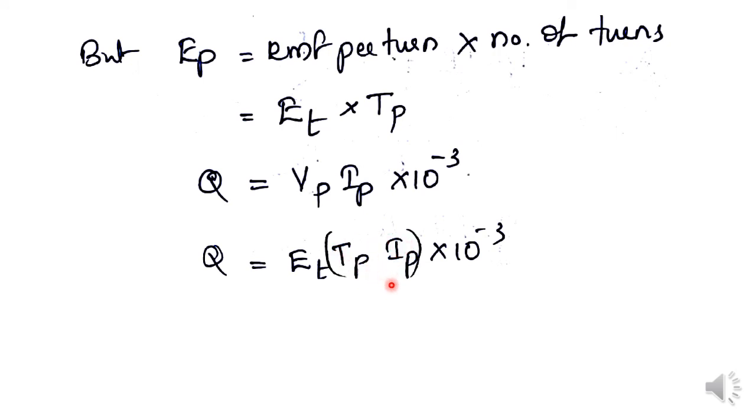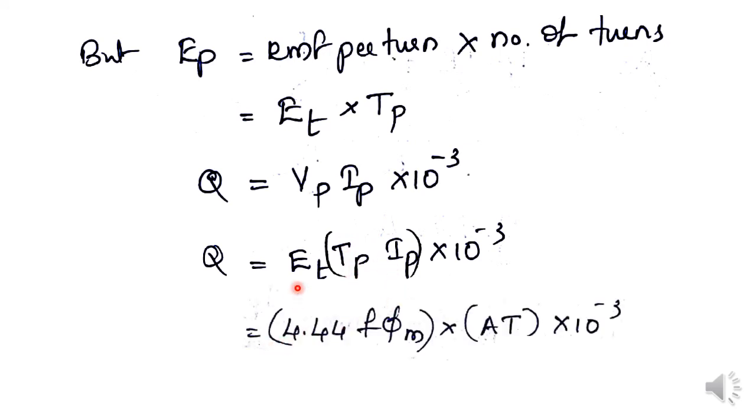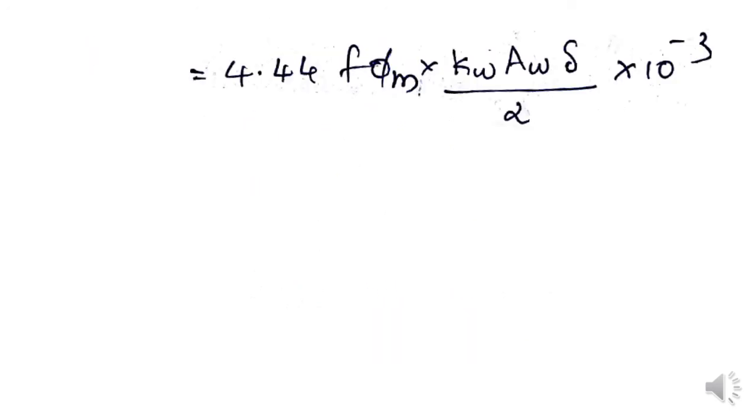We have already derived the expression for AT. So we can substitute for TPIP here. So ET is 4.44 F phi m and TPIP is AT and AT is KW delta AW by 2.